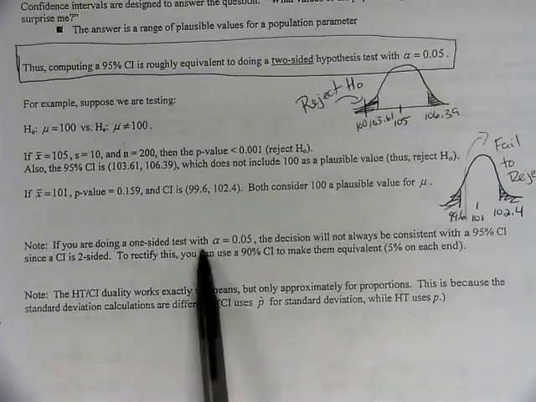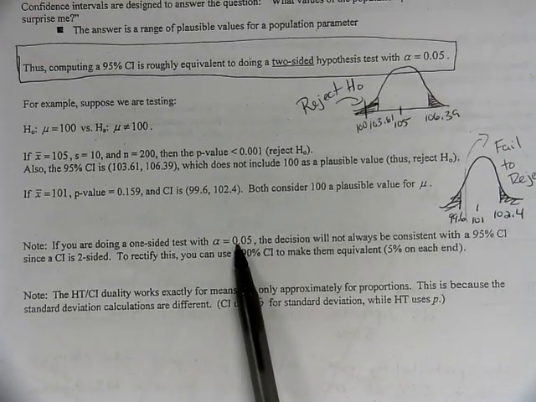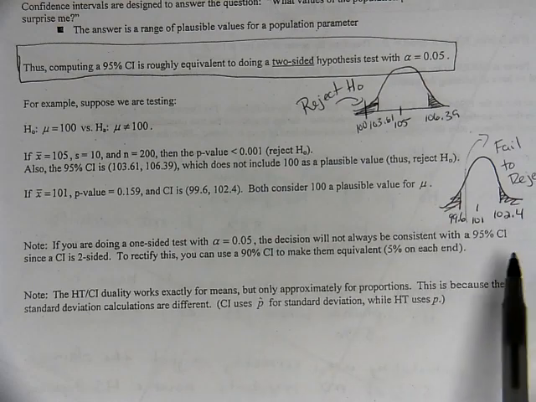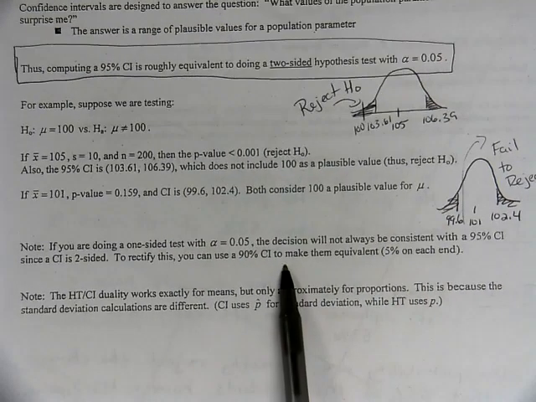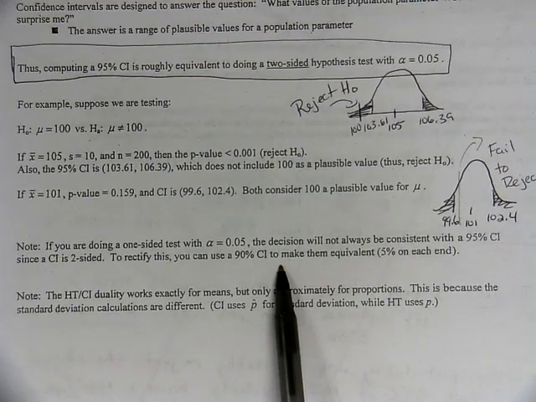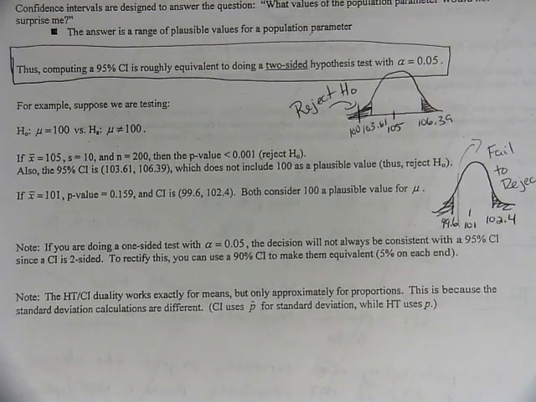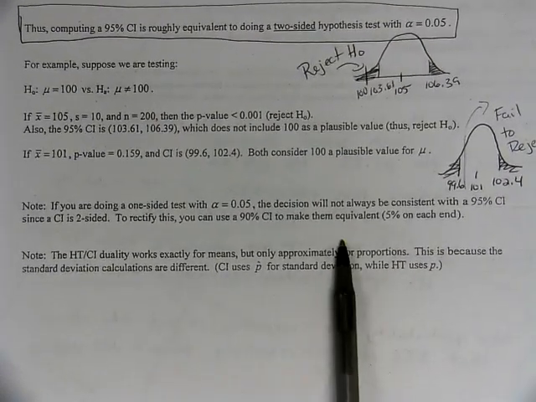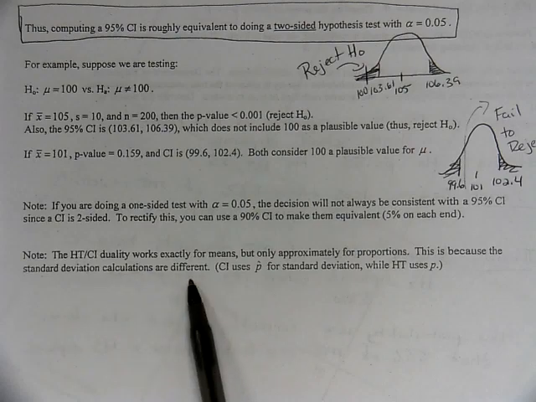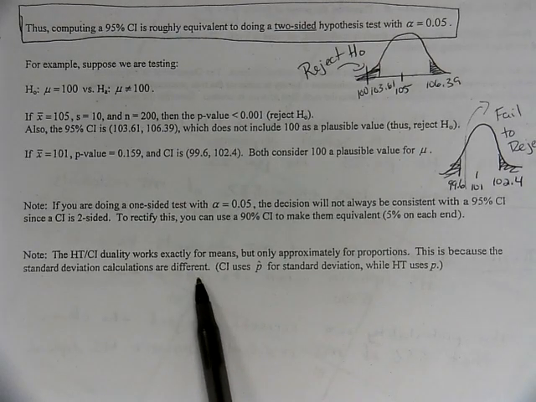So if you're doing a one-sided test and alpha is 0.05, the decision's not always consistent with 95%. You've got to do a 90% to make them equivalent. You want 5% on each side. So if you're doing a one-sided test, you're doing a 90% confidence interval. Okay, this works nicely for means, but not for proportions, because with proportions, the standard deviation calculations are different.